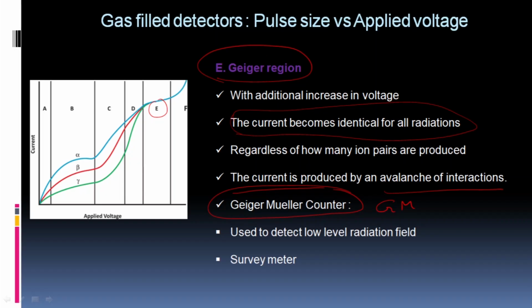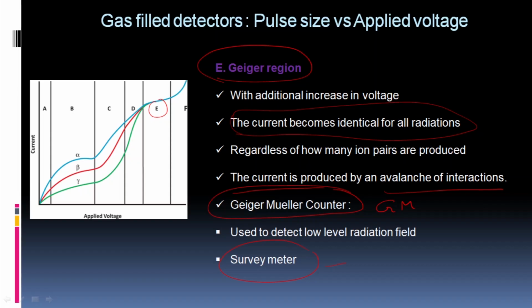When we encounter a situation where there may be a loss of a radioactive source, we use this Geiger-Müller counter, which is able to detect very low levels of radiation, and it is used as a survey meter to survey the area of any type of region.